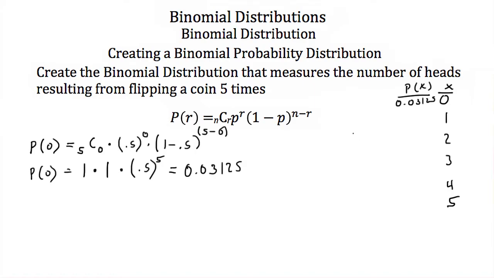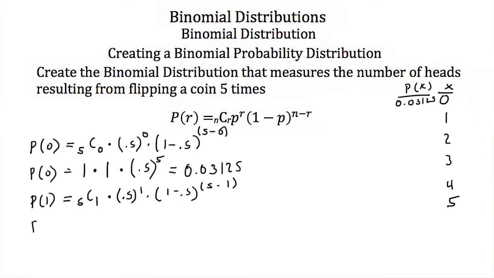Now let's work on the probability of getting 1 head. Probability of 1 head is equal to 5 choose 1 times 0.5 to the 1st power times 1 minus 0.5 to the 5 minus 1 power.